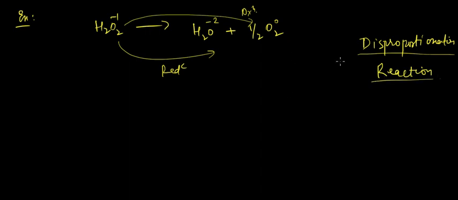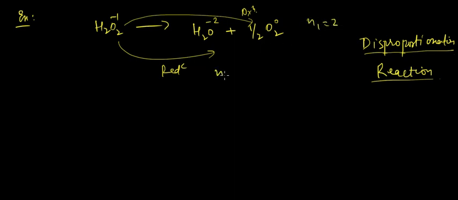Okay, so here as you can see, the number of electrons used for oxidation would be, so there are two moles of oxygen converting from -1 to 0. So n factor for number of electrons used for oxidation would be 2.